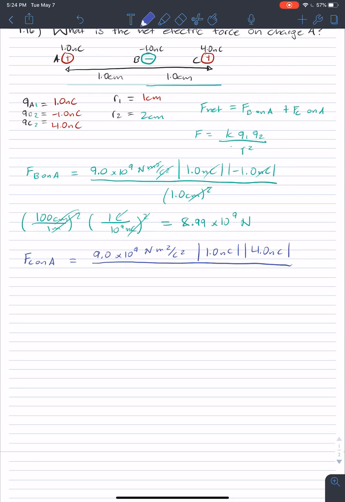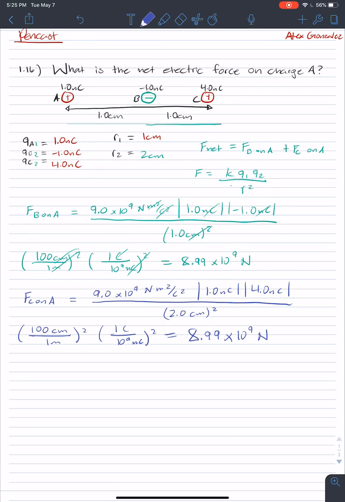And again, our distance from A to C is going to be 2.0 centimeters, again squared. Cancel units. And again, we end up with the same number, 8.99 times 10 to the 9th newtons.